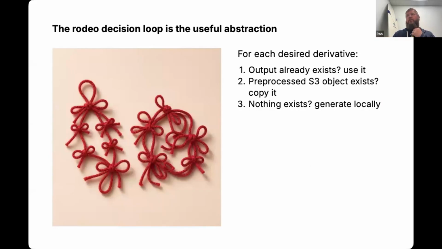The rodeo decision loop is a useful abstraction. This is the idea of only generate it if we haven't pre-made it. Also means we can do things like use AWS Lambda or stored compute to quickly generate files in parallel and drastically reduce our time for ingestion.